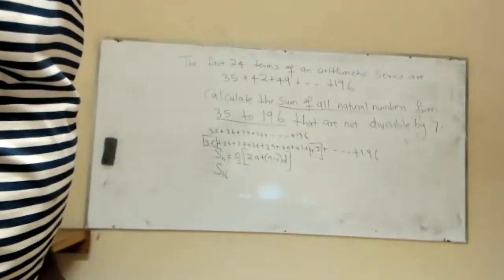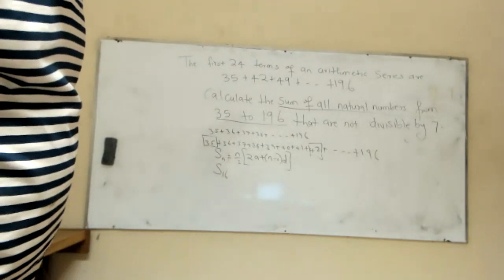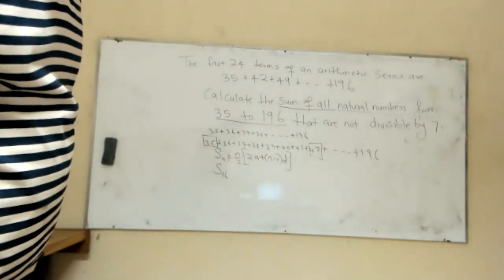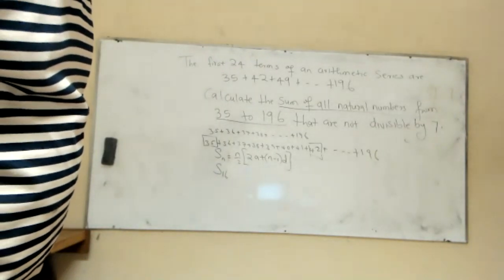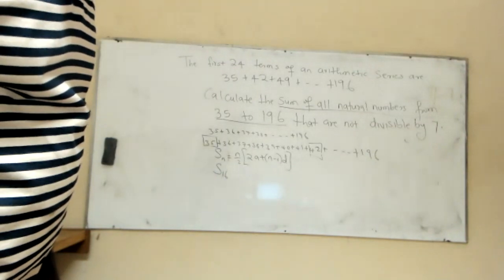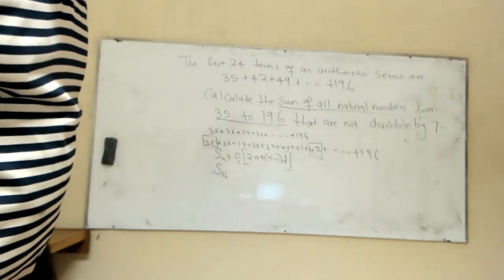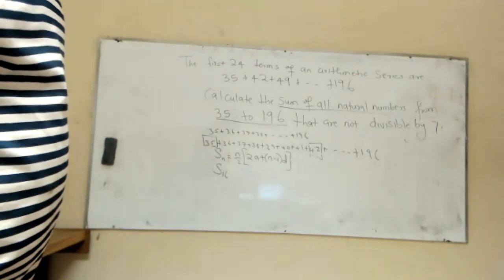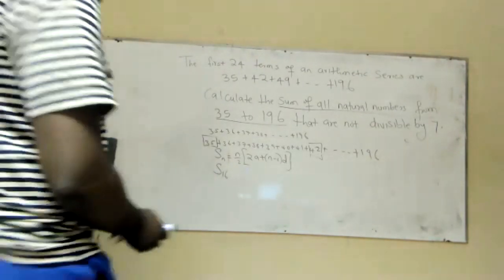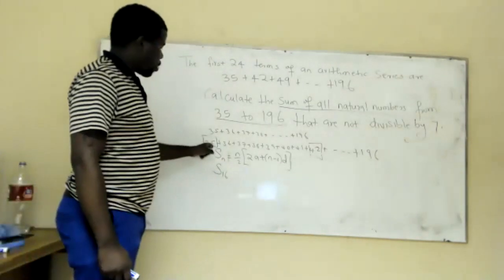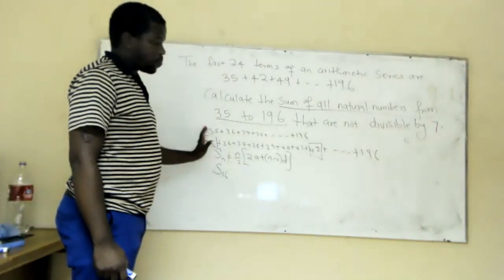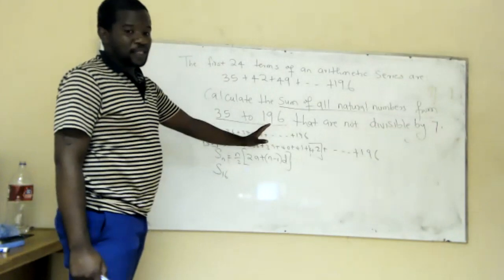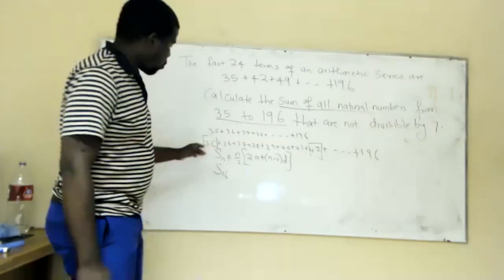We are excluding 34 terms from 196. Let me just verify. 196 minus 34. Because this 35 term we are including it. It's part of the terms we are dealing with. Yes. So it's minus 34.